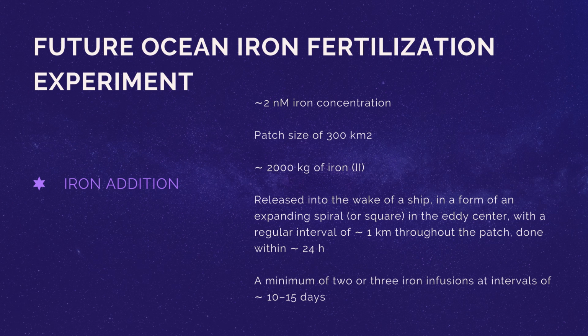The fourth improvement that can be made is the strategy of iron addition. The experiment needs to use approximately 2 nanomolar iron concentration, a fertilized patch size of around 300 km squared, and the use of 2000 kg of iron, and the iron needs to be released in the form of an expanding spiral or square in the eddy center with a regular interval of 1 km throughout the patch and must be done within 24 hours.